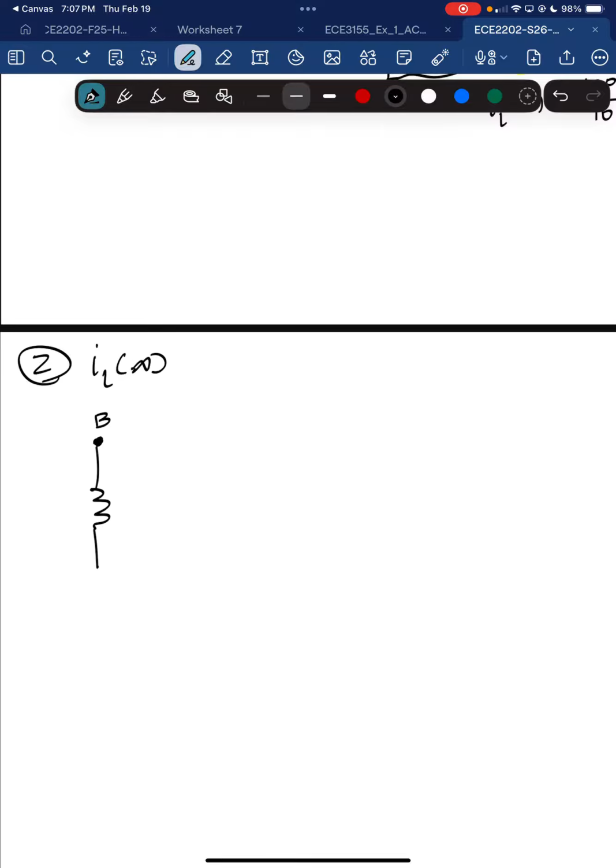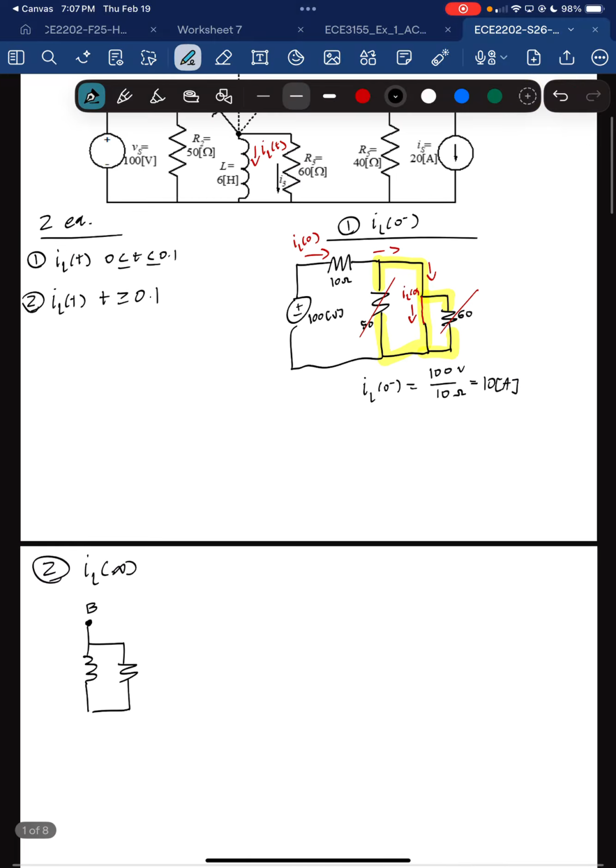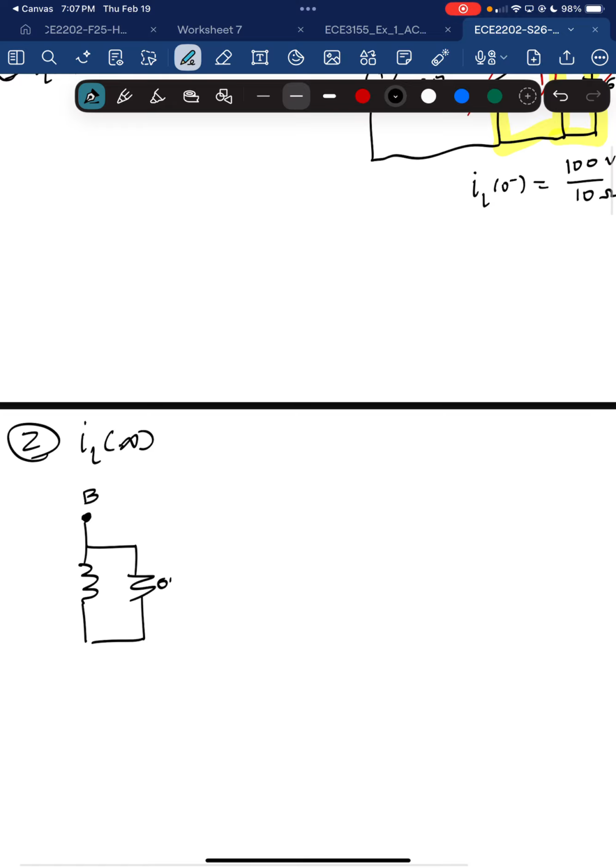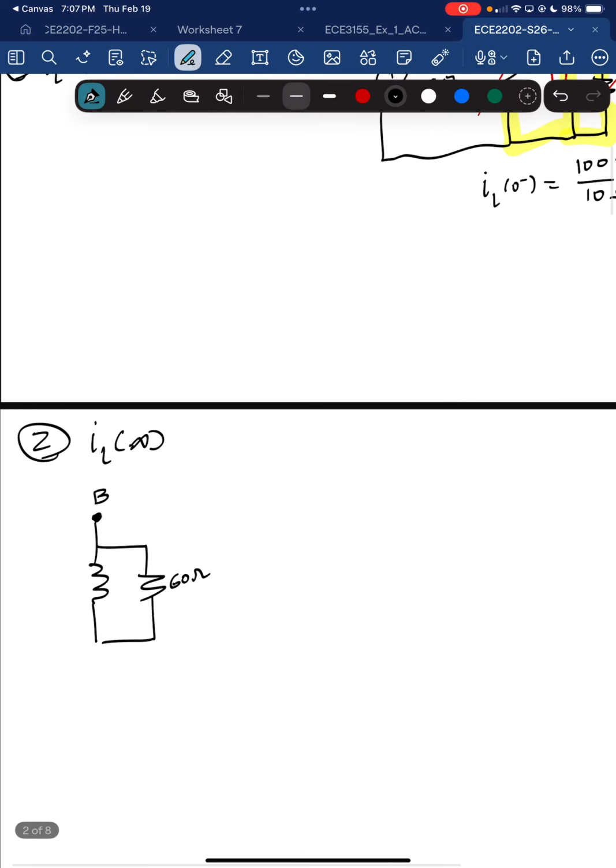I'm going to draw the inductor, and then this is 60 ohms. And remember, since we're looking at the steady state condition when t approaches infinity, the inductor is going to become a short circuit.